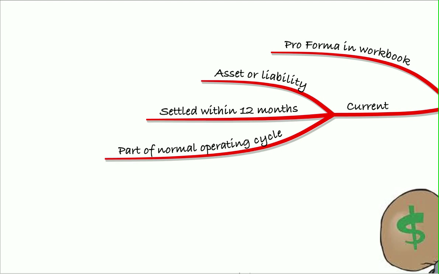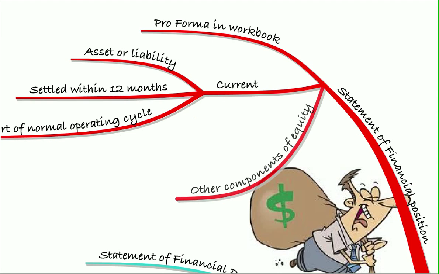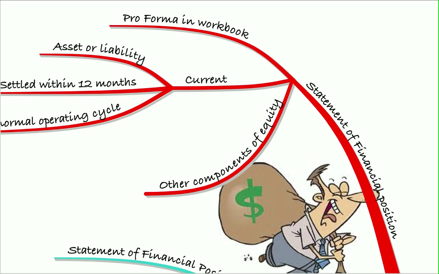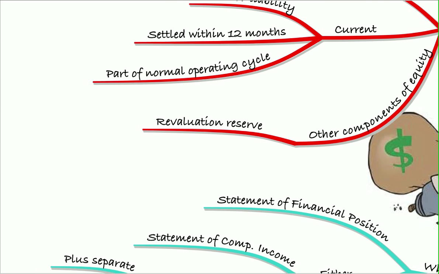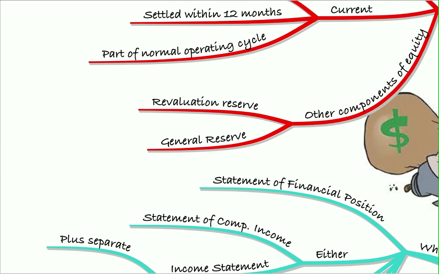The rest would be non-current. Also, we had other components of equity. So we had our reserves and we had other components of equity. These would be things like general reserves and revaluation reserves. So we had revaluation reserves if we revalued an asset, for example, or general reserves for movements on things like financial assets.